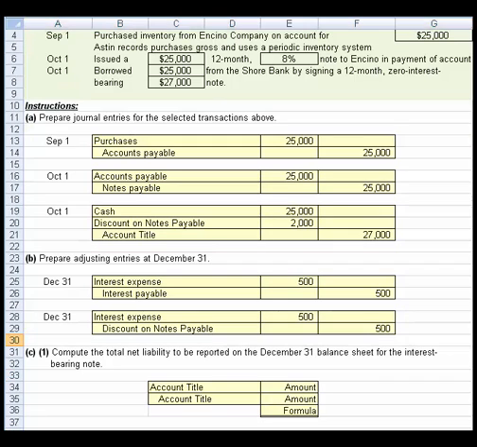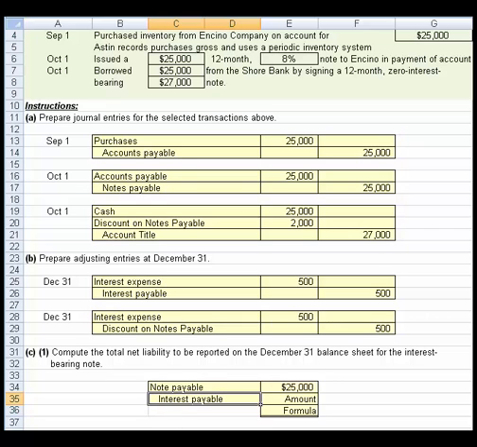Now let me slide a little bit. Part C says compute the total net liability to be reported on the December 31st balance sheet. The note payable we would have would show up at the $25,000 amount. And then we would also have interest payable to record.